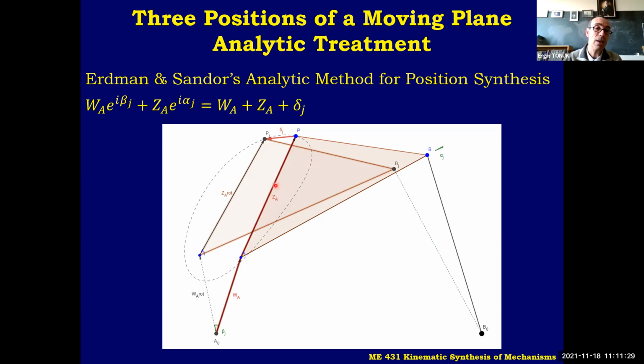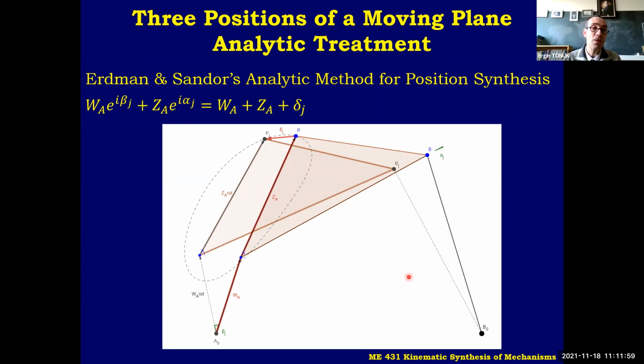So that's another vector, or another complex number. From WA to ZA, you reach point P. So these two sum up to our point P, an arbitrary point on the moving plane.